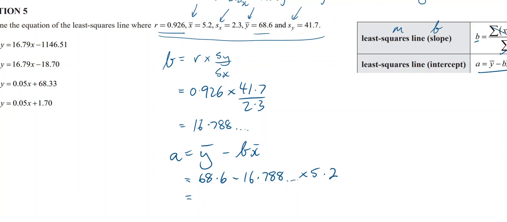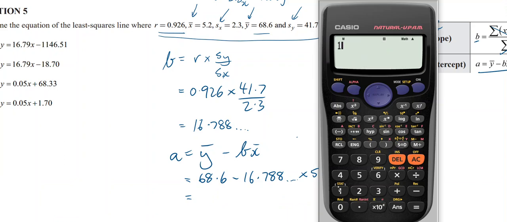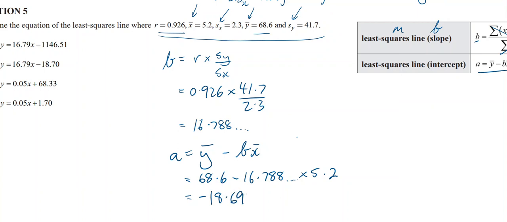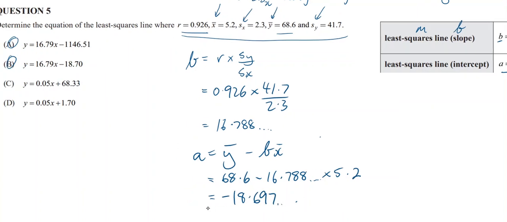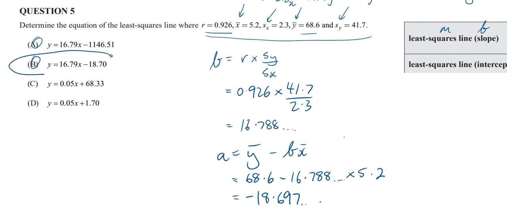Again, we'll get out our calculator and stick all that in. 68.6 minus 16.788, I'll use the unrounded value, and we get negative 18.697, which is around about negative 18.70. So that tells us that B is our correct answer. So we've got that as our A value, that is our B value. So that is what we should get.